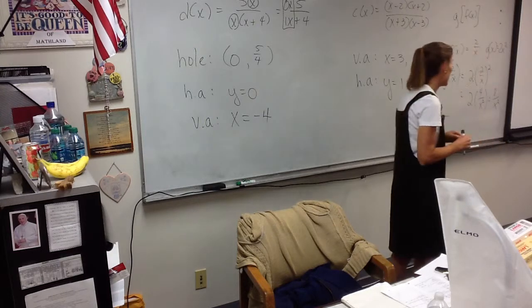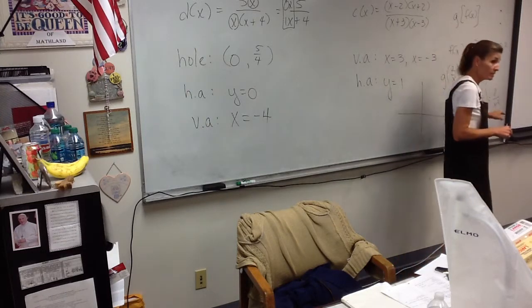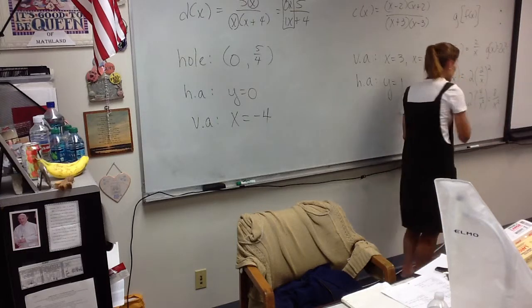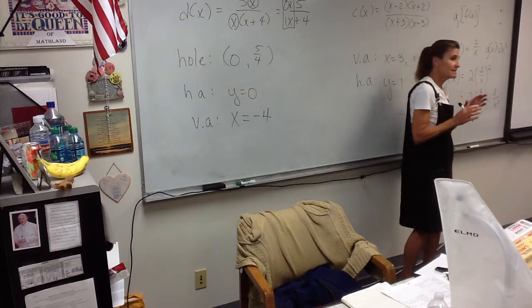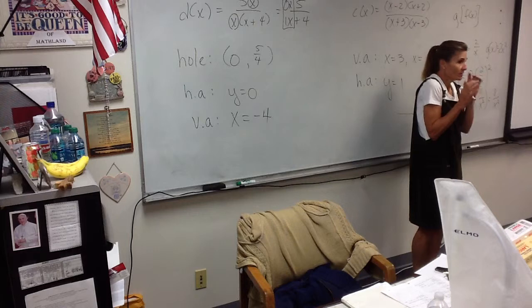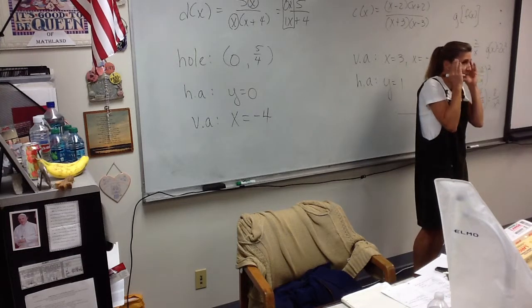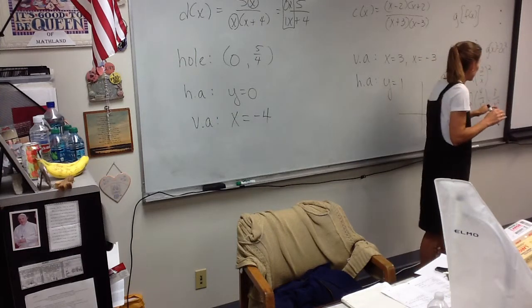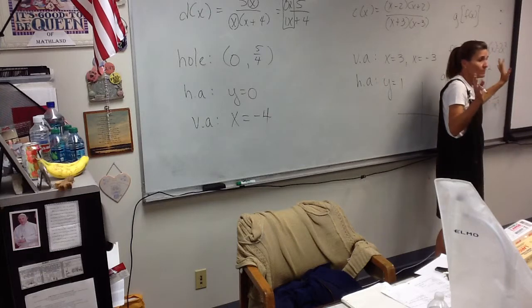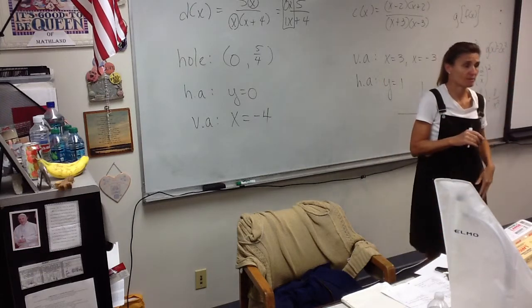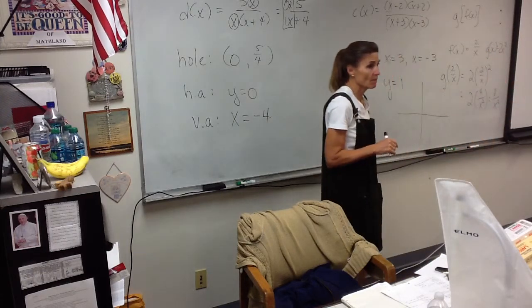Now, if you were graphing this on your calculator, or plotting points by hand, you would see that. But if you don't have a calculator available to you, you just got to think about it for a minute. What happens when I plug in numbers? Well, you can get anything as long as it's positive. So your range is greater than 0. Perfect.